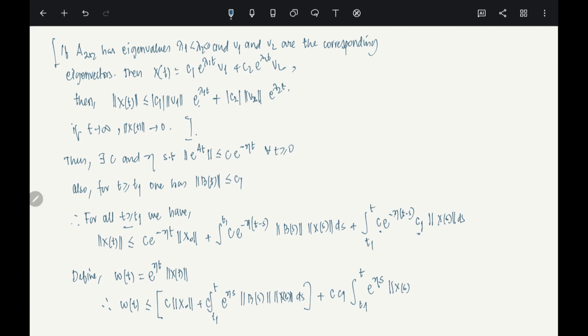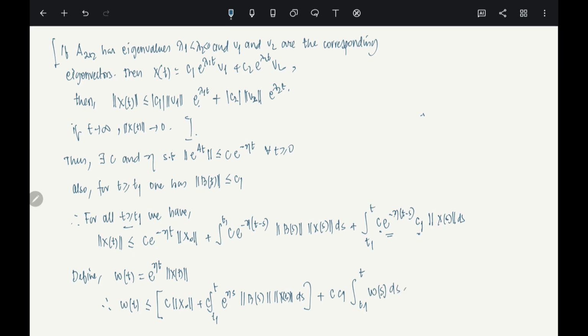I am doing some mistake somewhere. e to the power eta t times norm x of s is w of s, right? Sorry, there are a lot of terms, so I am getting confused. So this is x of s, sorry, w of s ds, yeah, this is okay, right?